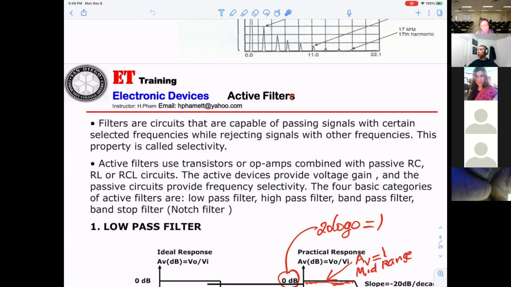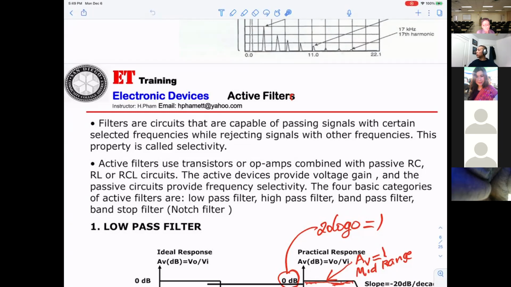The reason we get two filter types, one passive and another active: passive filter and active filter work identically, the same thing. The only thing is, passive just uses RCL, and RCL doesn't need any power. That's what they call passive.